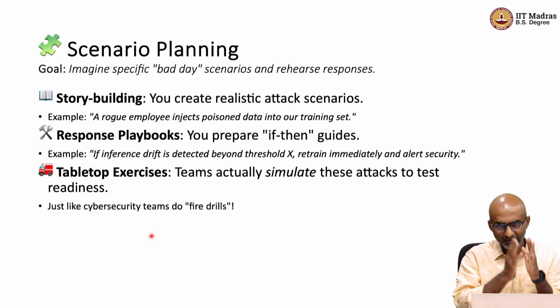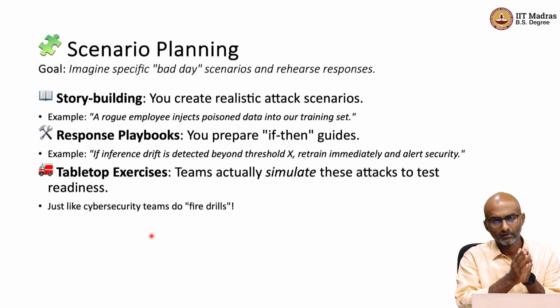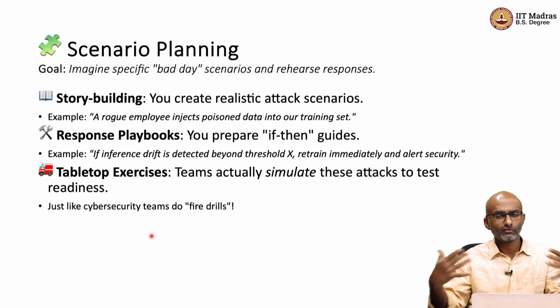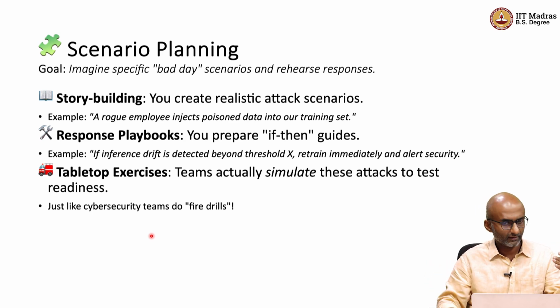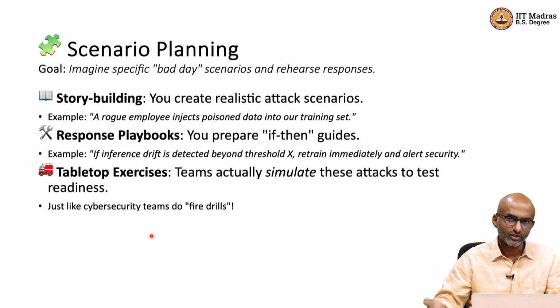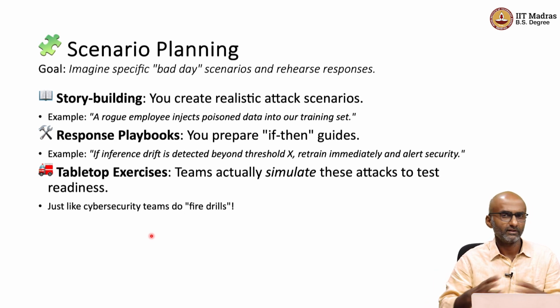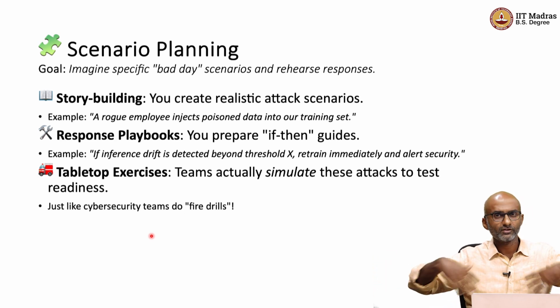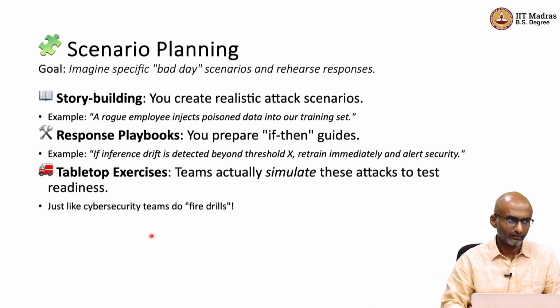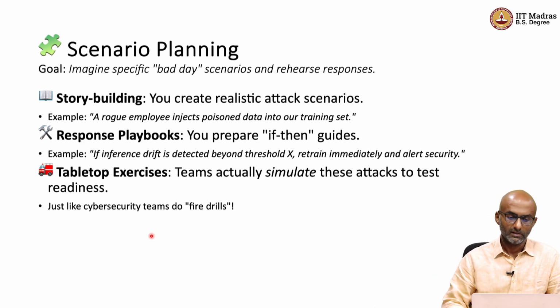So you create these realistic scenarios, which are attack scenarios, but expanding the scope of the attack surface, not just look at the model or the code, but look at the infrastructure, look at the social engineering angle, look at even the broader ecosystem in which this ML model or an API is going to be functioning. Then you come up with response playbooks, which are basically if-then guides. So if something happens, then do this thing, right?